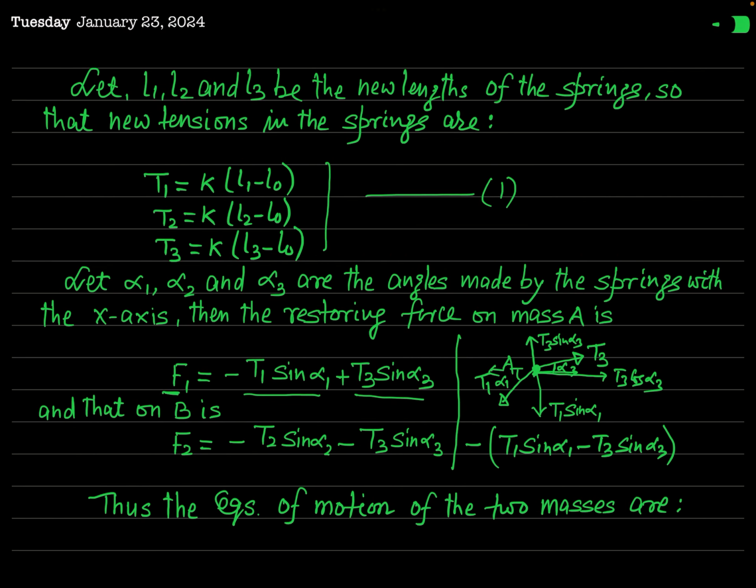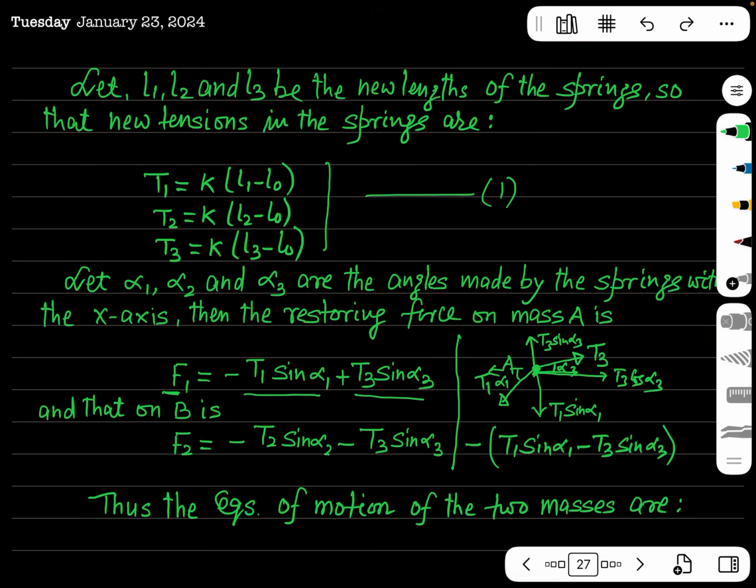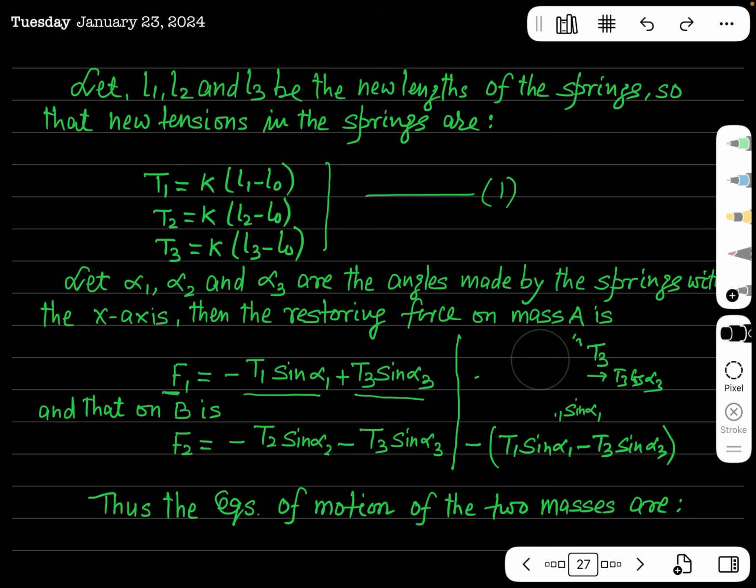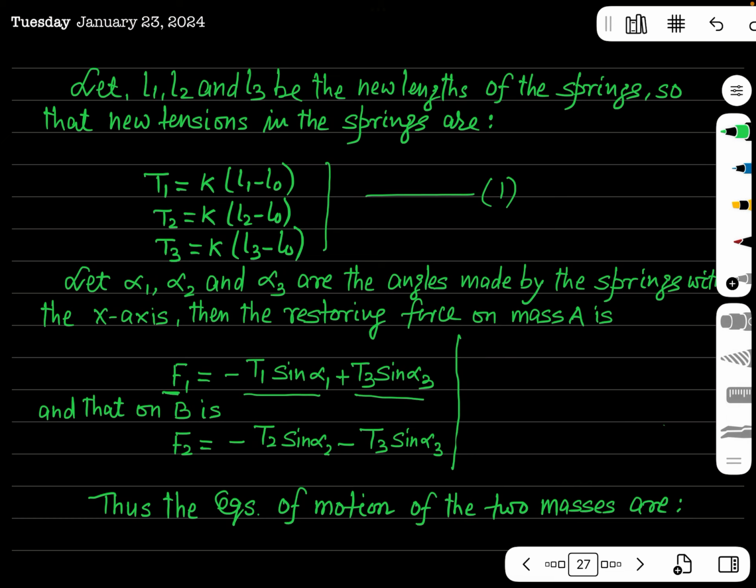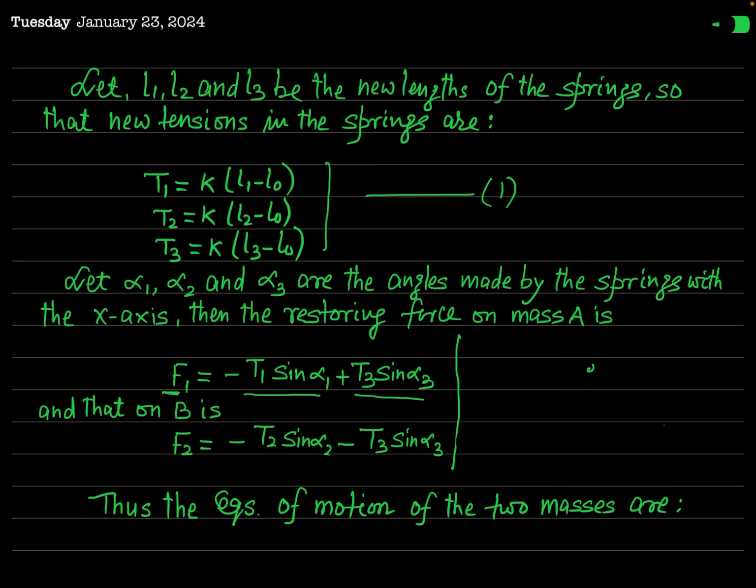So now let us try to find the restoring force acting on this mass B. Okay, let us try. You can see this is mass B, and the forces acting on it are T2 and T3. This angle you have seen is equal to alpha 3 and this angle is alpha 2.